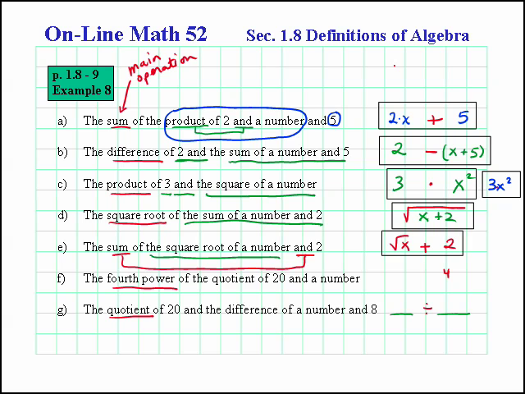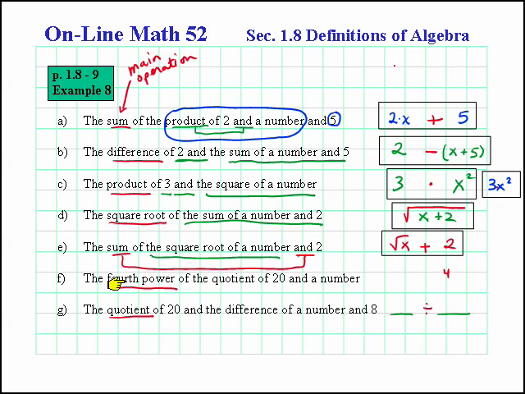Now the fourth power, before we go too much with this, I've got the fourth power written up here, kind of like an exponent, of the quotient of 20 and a number. Now, the quotient of 20 and a number, that's another operation, isn't it? We've got to make sure that the fourth power is the main operation.